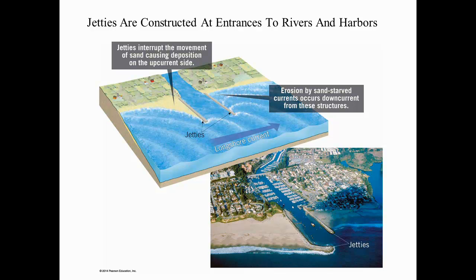On the other hand, on the downcurrent side, those beaches are primarily undergoing erosion. Again, if you look at the direction of the longshore current in this figure, we see that the net deposition is occurring on the jetty facing the upcurrent side of the coastline.